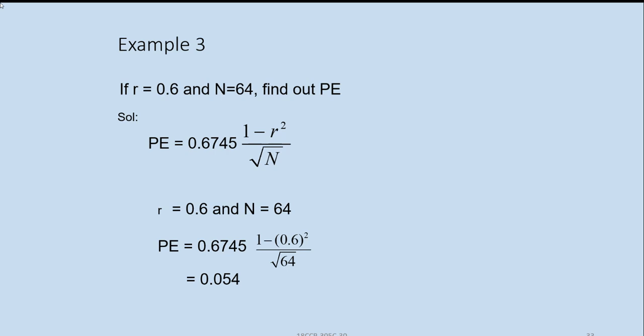You calculate 6 into 0.054, that is 0.324. That is less than the correlation. So correlation is significant. That is identified.